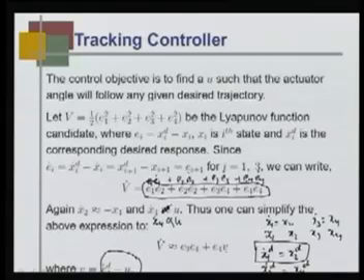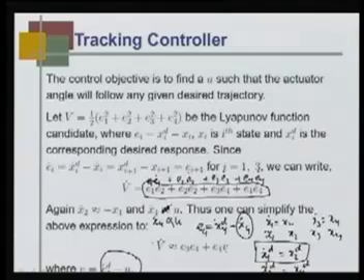This is very simple because E4 dot is x4 dot desired minus x4 dot.